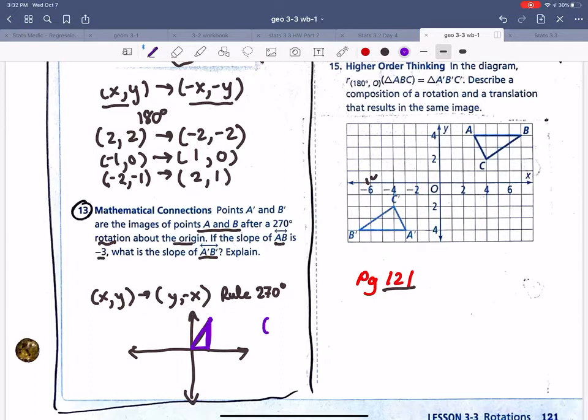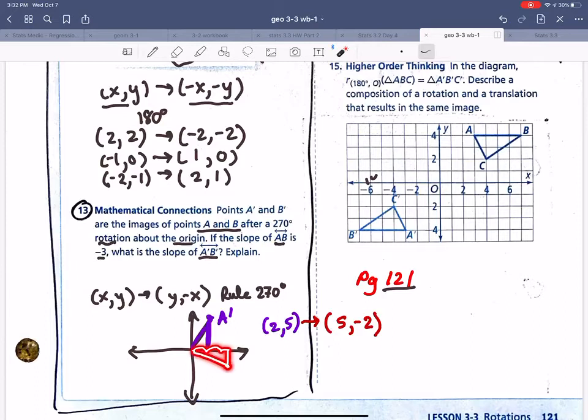This would be point A. And after my rotation of 270 degrees, they switch spots and the X is negative. So that would be positive 5, negative 2.